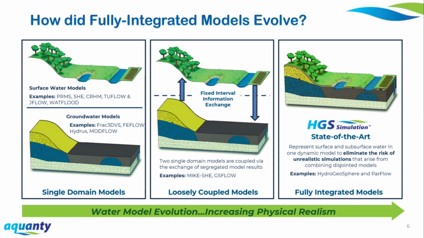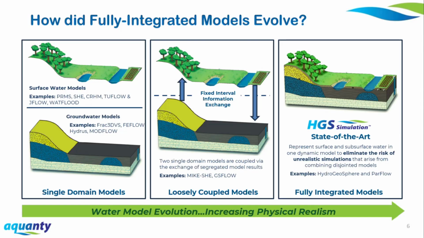So just in terms of the long-term development of hydrologic models, both surface and subsurface, how did we get to the position of simulating both surface water and groundwater together in the same model? The evolution starts on the left-hand side of this figure, where we have standalone surface water models and standalone groundwater models.